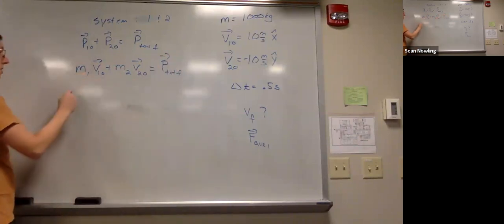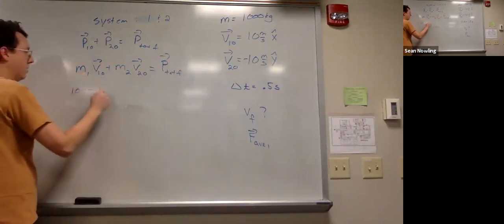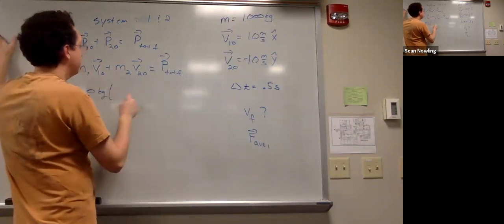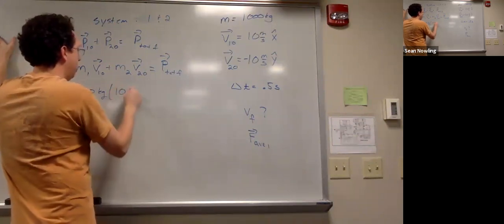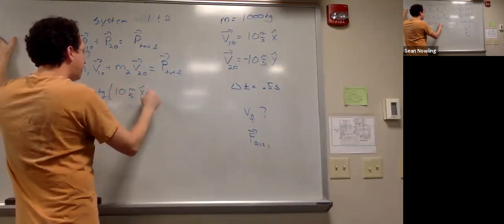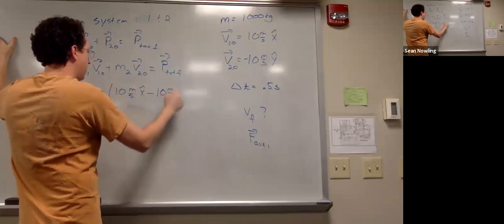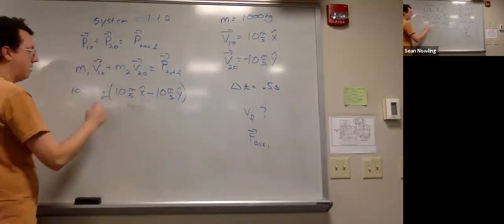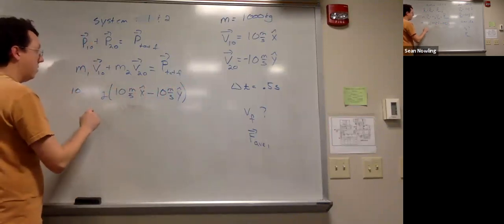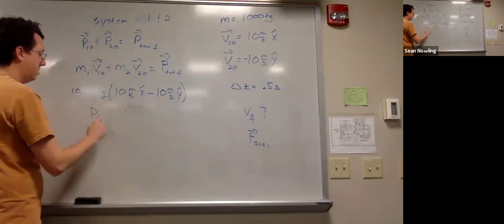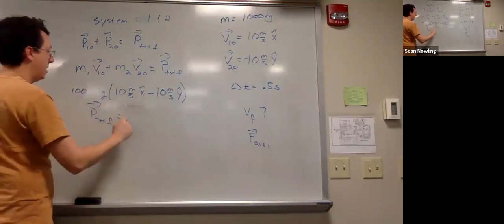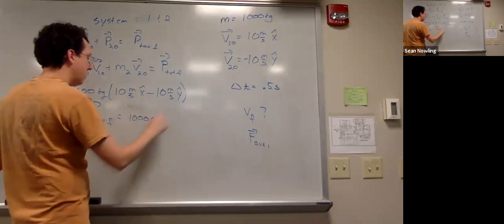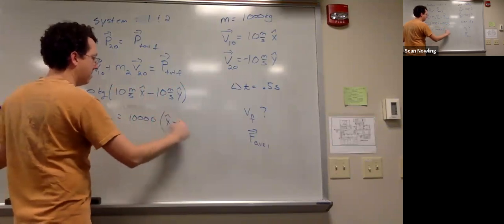I plug in what I know. This is 1,000 kilograms times, it's the same factor of 1,000 for both, so I'm going to pull that out. And I have 10 meters per second x hat minus 10 meters per second y hat. And I rearrange it, and I find that the total momentum final for the pair is equal to 10,000 times the vector x hat minus y hat.